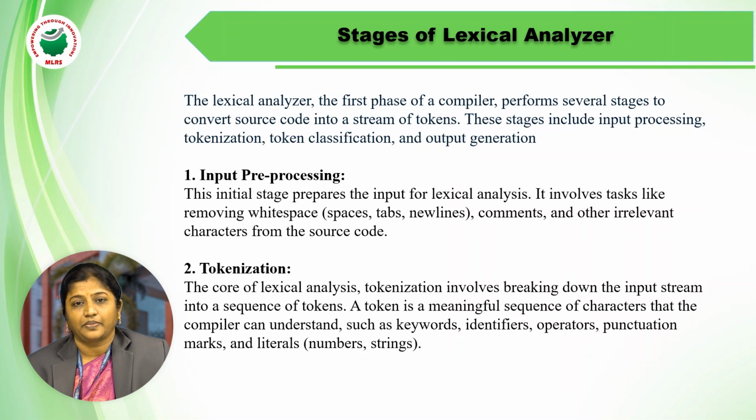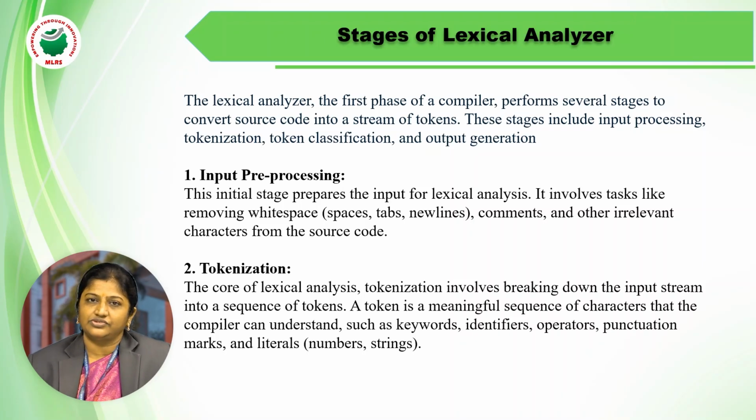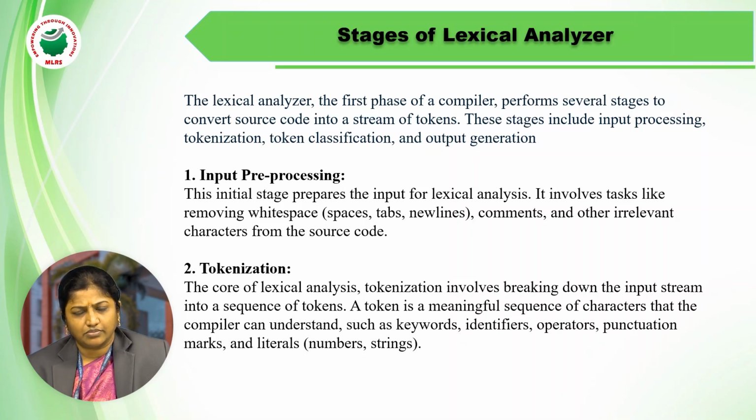Waste of time, right? Hence we need to break that sequence into different sequences of characters that the compiler can easily understand, such as keywords, identifiers, operators, punctuation marks, and literals, that is numbers or strings. In whichever form it is, that has to be divided into parts, that is, a sequence.